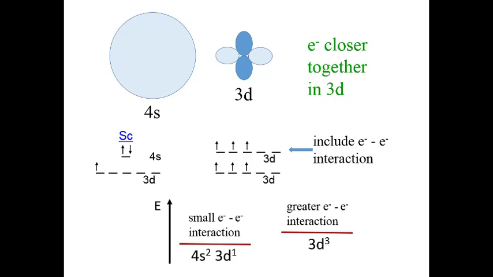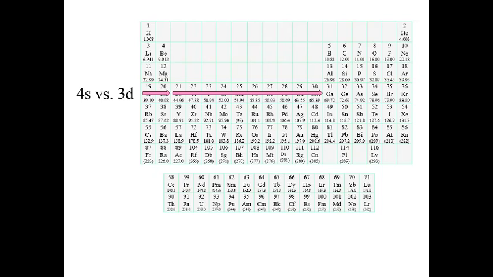What the scandium atoms are telling us is that the 4s2 3d1 state is the lowest energy state. Including the positive energy of electron-electron interaction is a subtle effect, but important because 4s and 3d are close together in energy to begin with.